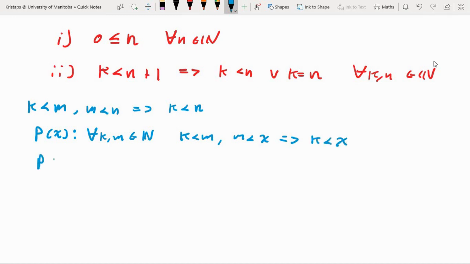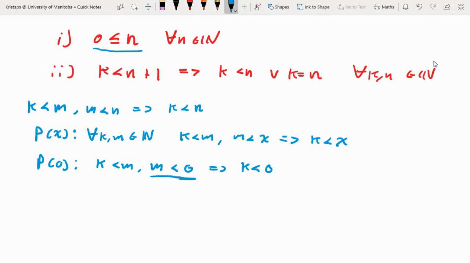So if we check our base case, plugging in 0 to this statement, this would be the statement that k is less than m and m is less than 0, implying that k is less than 0. But we already know from the previous lemma that n is greater than or equal to 0 for all natural numbers.